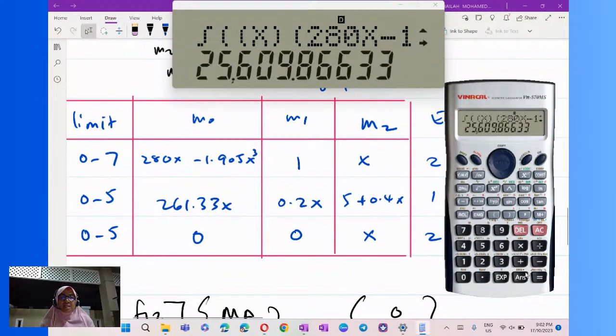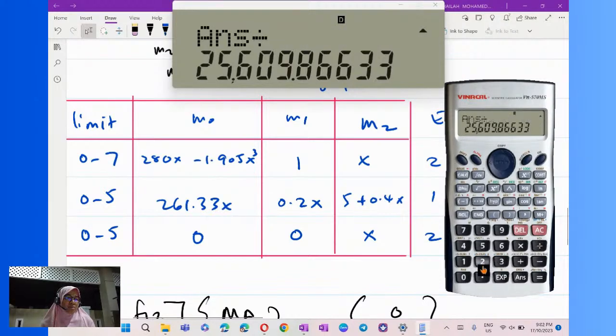This is the answer. And don't forget, we have to divide by 2. It is 12,804.93.